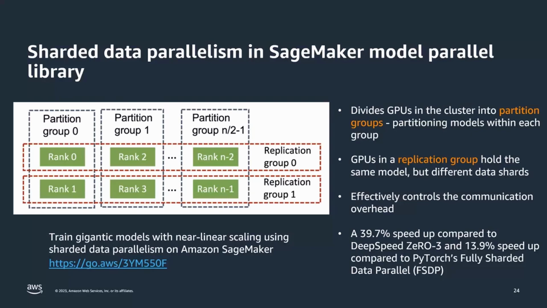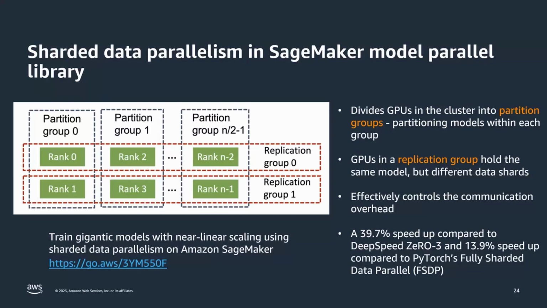One is partition groups, 0, 1, 2, right? And for the partition groups, you partition models within each group. And we also have a replication group, right? So the GPUs in the replication group will hold the same model copy, but different data shards. In that sense, we can effectively control the communication overhead.